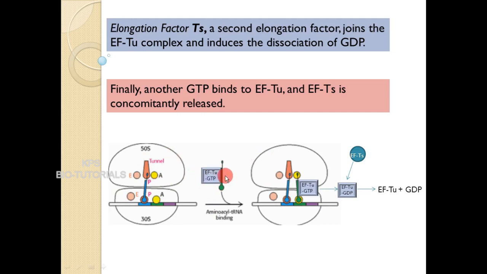EF-Tu in the GTP form binds at the A site, and after the binding, hydrolysis of the GTP takes place and EF-Tu GDP will be formed. Then EF-Ts binds with the EF-Tu GDP complex, and EF-Tu and GDP will be released due to the binding of EF-Ts. After that, EF-Ts is also released from this complex.